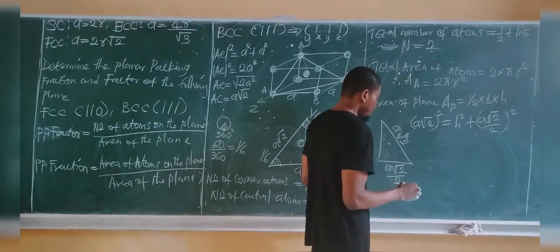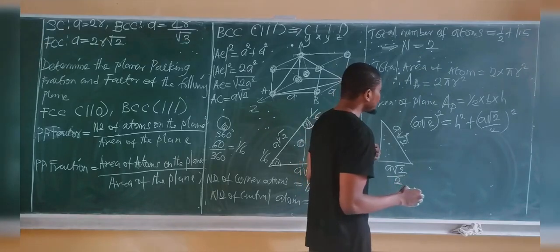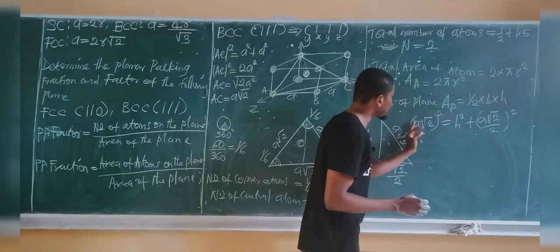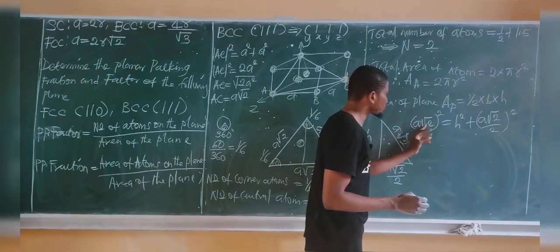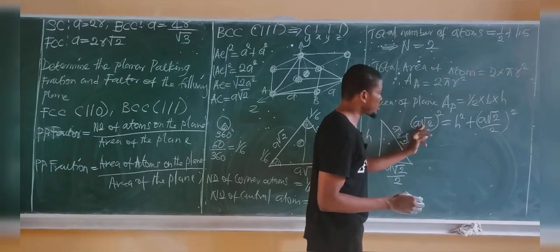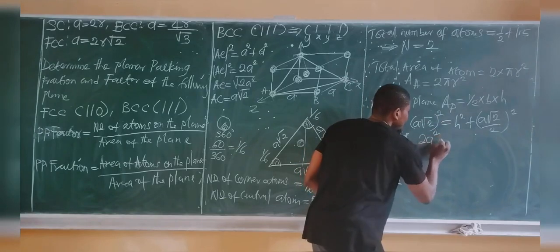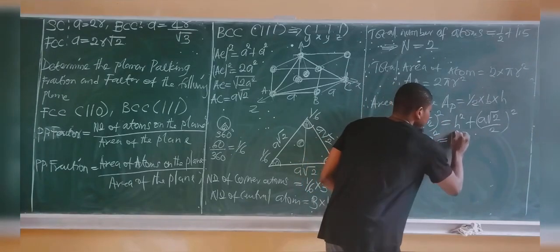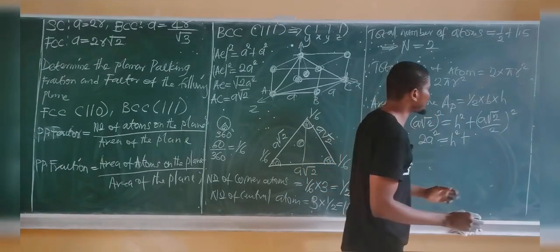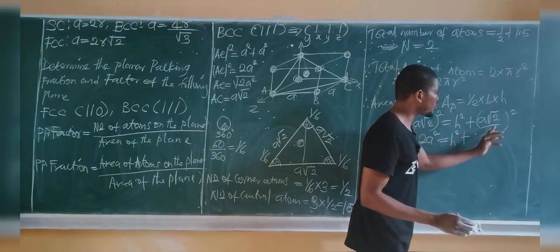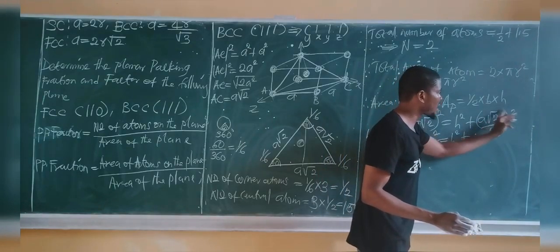So from here now, a squared, of course, is a squared. Root 2 squared, the squared cancels the square root, so I'm left with 2. So this becomes 2a squared, and this is equal to h squared plus, same thing happens here, a squared becomes a squared, root 2 squared, the squared cancels root 2.